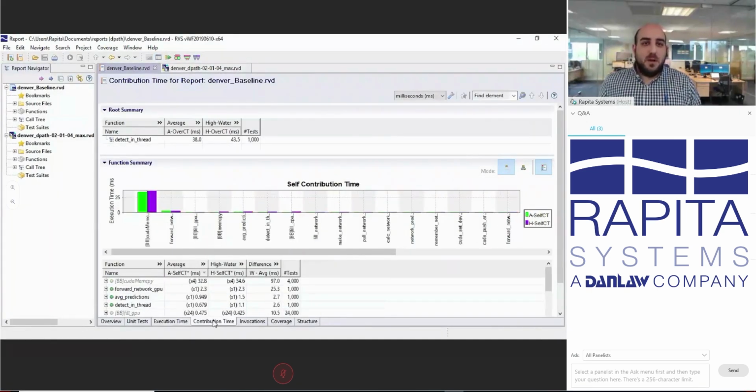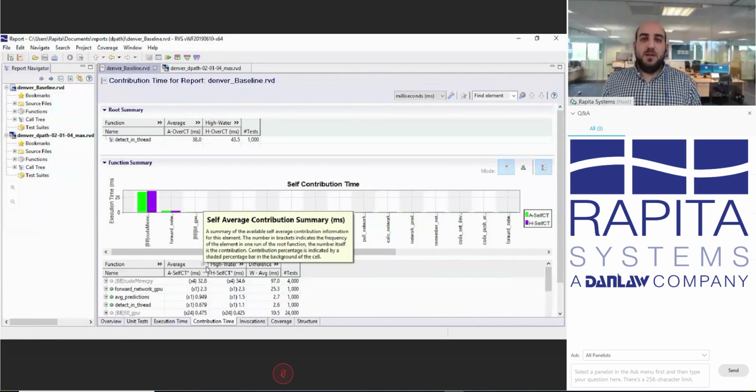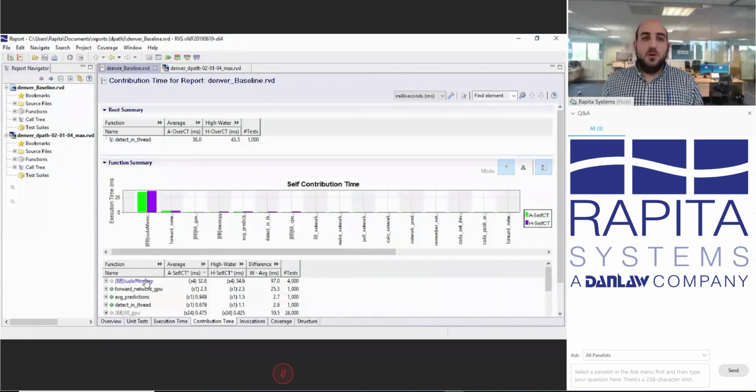The next bit, we have the contribution time. So this tells us which functions contribute the most in the execution of the system overall. So in this case, most of the time is actually being spent in the function cuda_mm_copy, which indeed is doing the transfers from main memory to the GPU and vice versa.